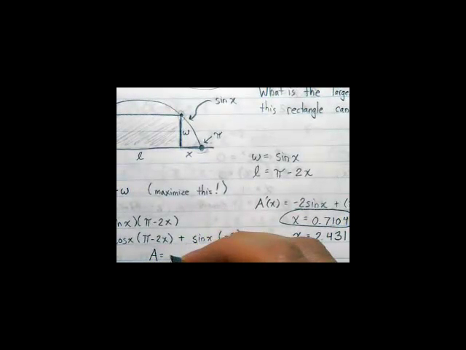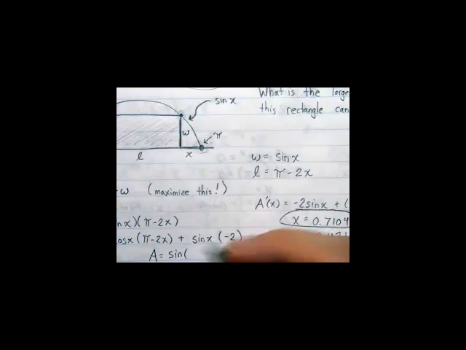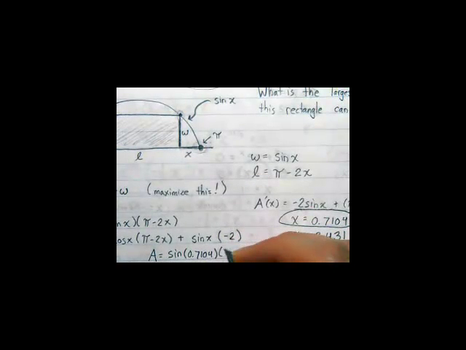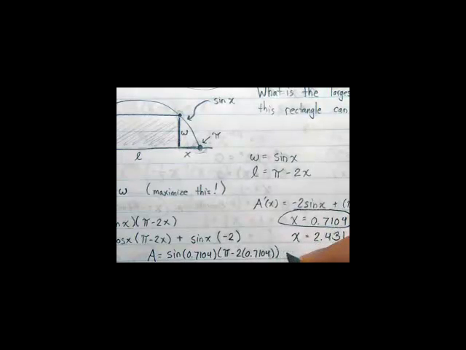So our area is going to be the sine of 0.7104 times pi minus 2 times 0.7104. And is it about 1.12? Should be.